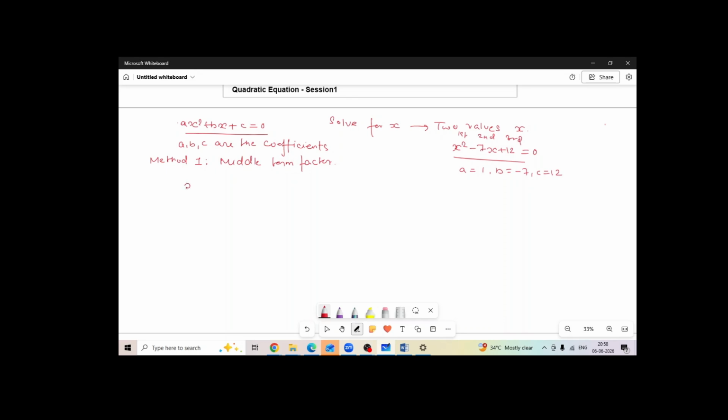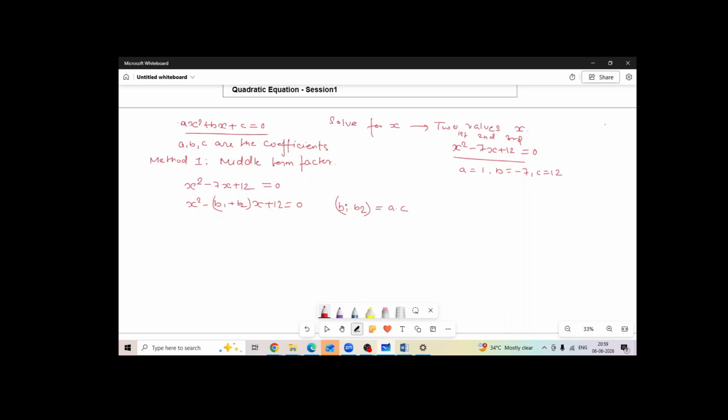So we have to break the middle term in such a way, if I rewrite it, x square minus b1 plus b2, suppose something like this, x plus 12. So b1 and b2 are two coefficients. I have broken 7 into these, so the product of b1 and b2, along with whatever sign b1 and b2 originally have, should be equal to the product of the coefficients a and c.